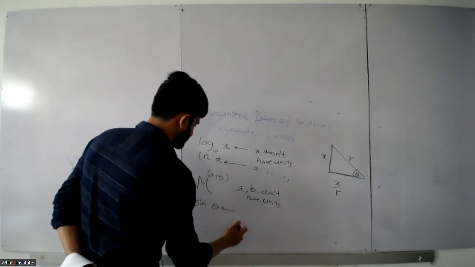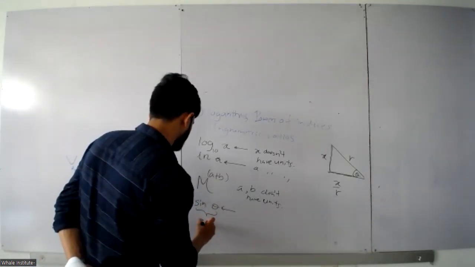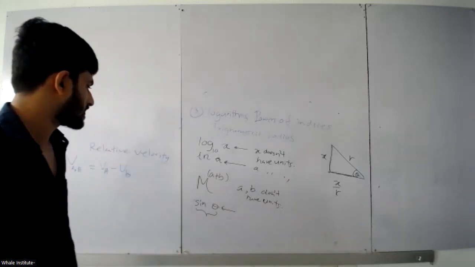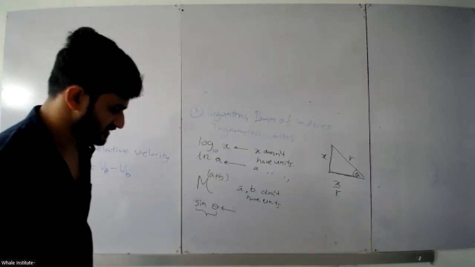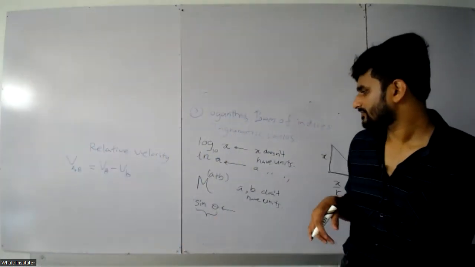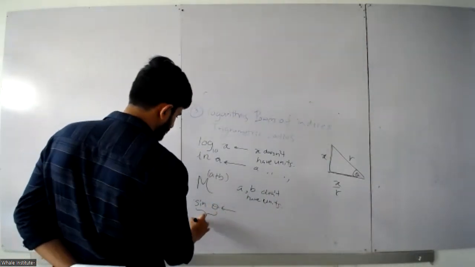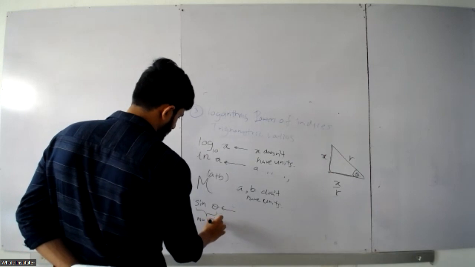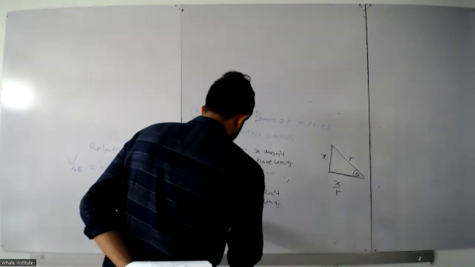Sin theta, so the whole term we don't have units. And theta, you can also tell actually doesn't have a base unit. So for the whole term sin theta, no units.